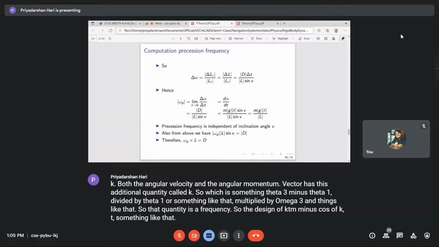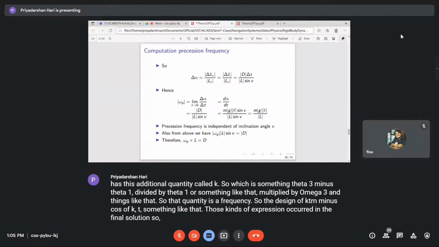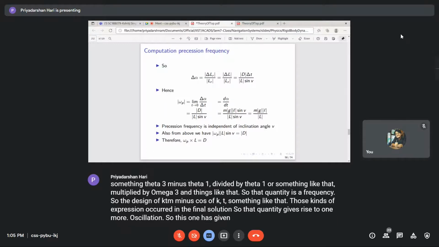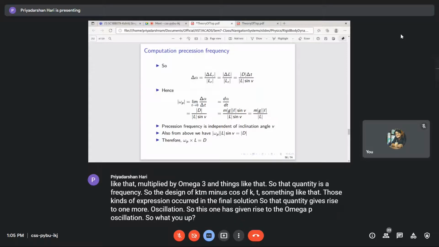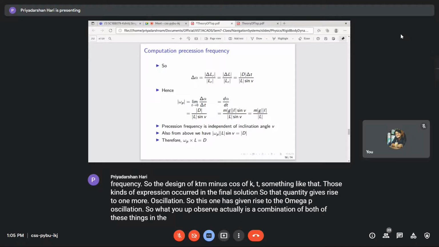Those kinds of expressions occurred in the final solution. So that quantity gives rise to one more oscillation. So this one has given rise to the omega p oscillation. So what you observe actually is a combination of both of these things in the actual system.